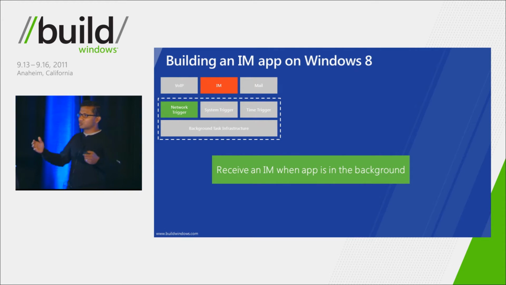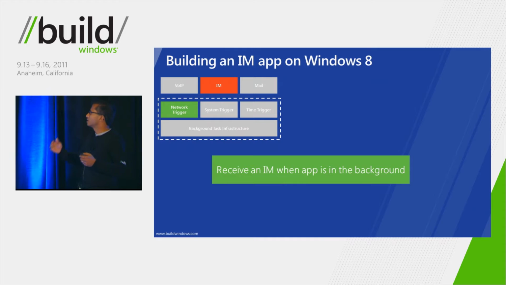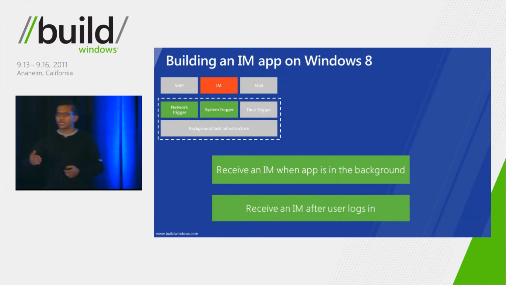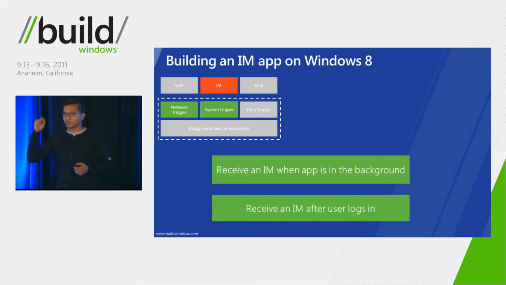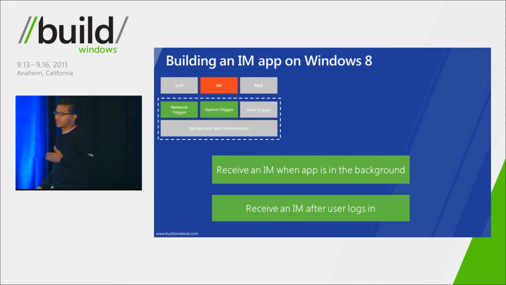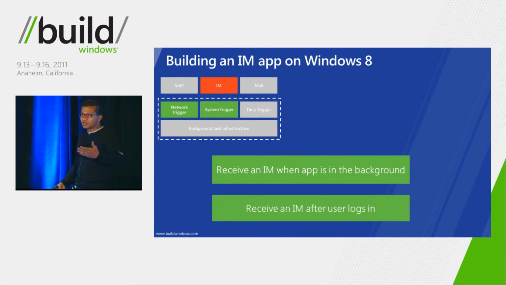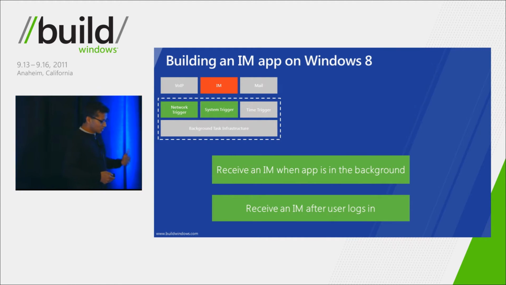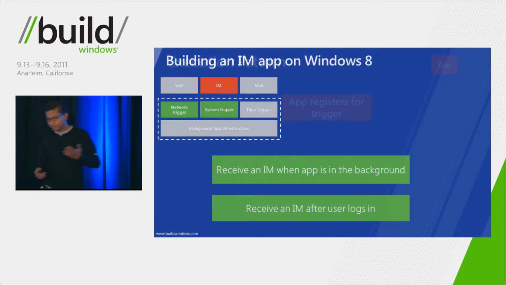The second user expectation is that when the user logs in to a device, you don't expect that the user goes and launches the chat application every single time. Because when they log into the device, you expect that they get the IM messages instantaneously if somebody is going to ping them. So let's see through code snippets how you would enable this in Windows.